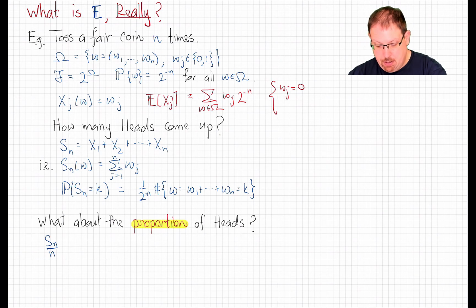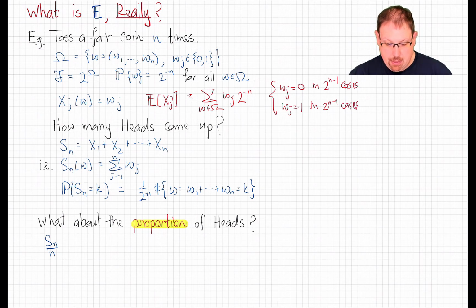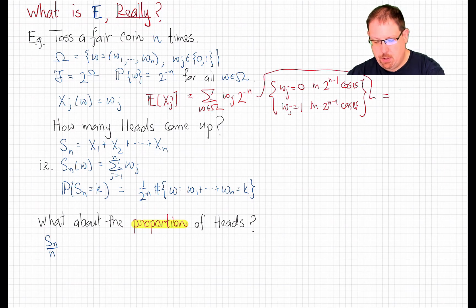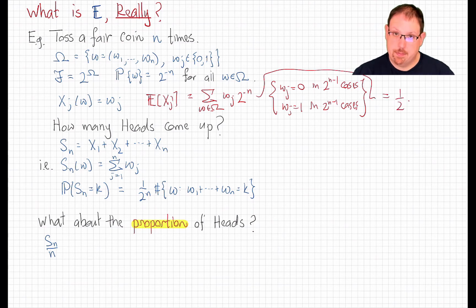It equals 0 in 2 to the n minus 1 outcomes, and omega j equals 1 in the other 2 to the n minus 1 outcomes. And therefore, half of the terms in this sum of 2 to the n will be 1, and half will be 0, which means that this expectation will equal 1/2.